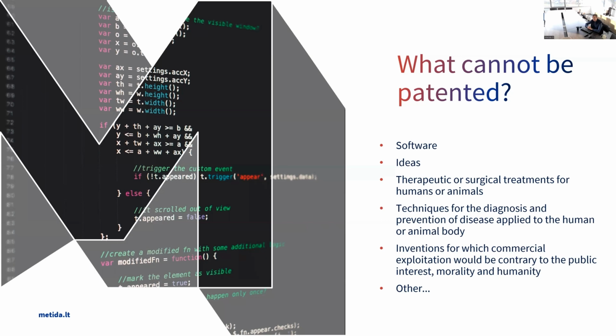It's like software, it's also ideas, it's also therapeutical and surgical treatment for humans or animals. So also inventions for which commercial exploitation would be contrary to public interest, morality, and humanity. And also techniques for diagnosis and prevention of disease applied to the human or animal body.